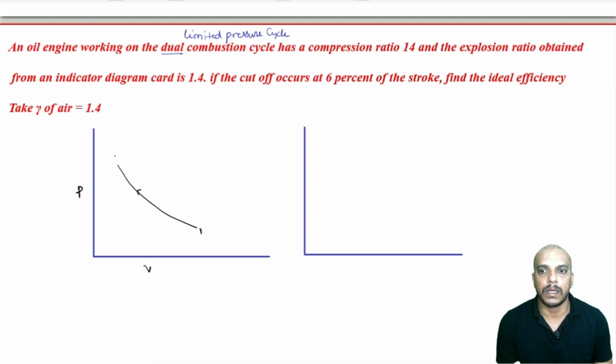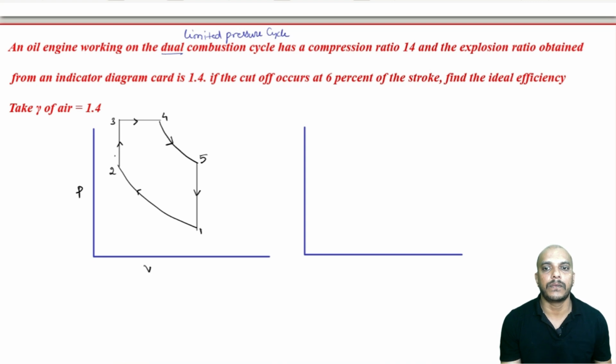Then constant volume heat addition for some part of the stroke, constant pressure heat addition for some part of the stroke, then again reversible adiabatic expansion, then we have constant volume heat rejection. So, 1 to 2, 2 to 3, 3 to 4 and 4 to 5, and the cycle is completed by 5 to 1.